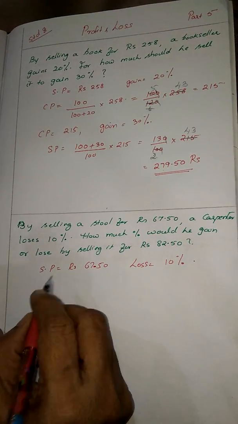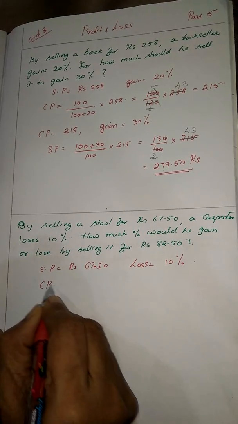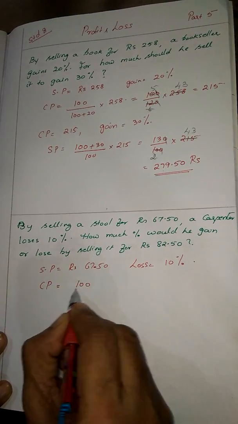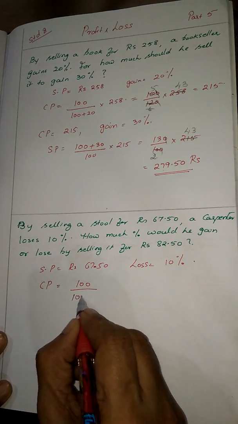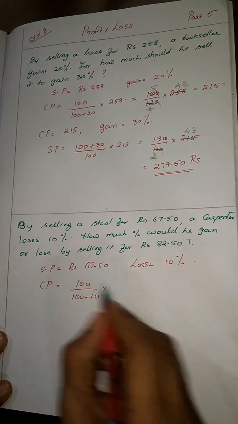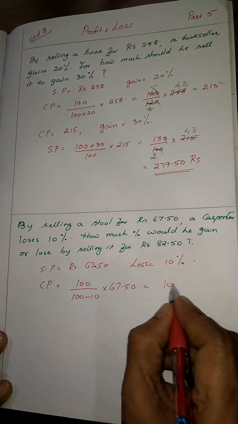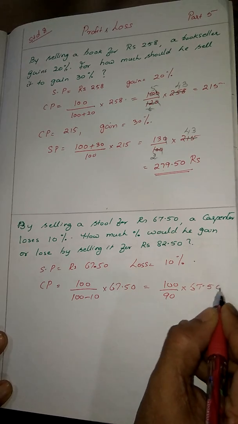So now again we will find the cost price. So cost price is equal to, again 100 by, now it is loss, so 100 minus 10 into selling price 67.50, that is equal to 100 by 90 into 67.50.